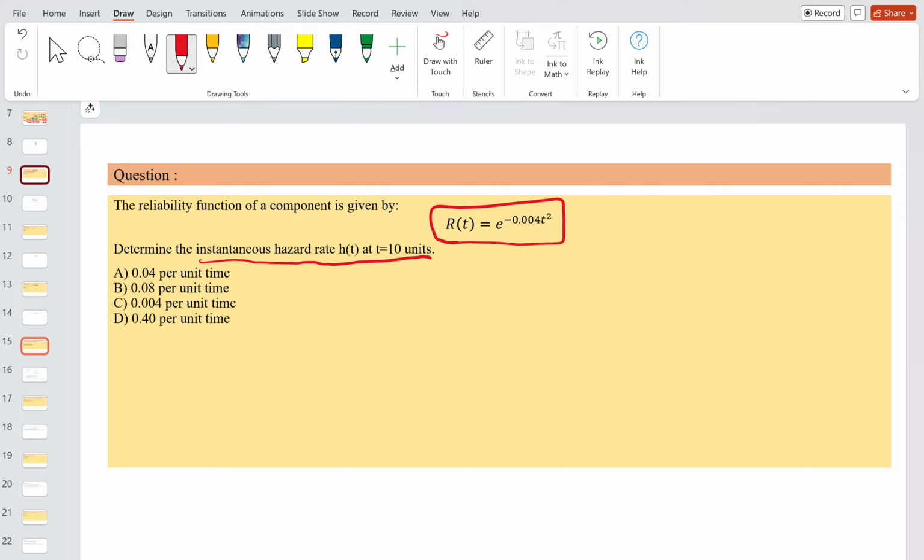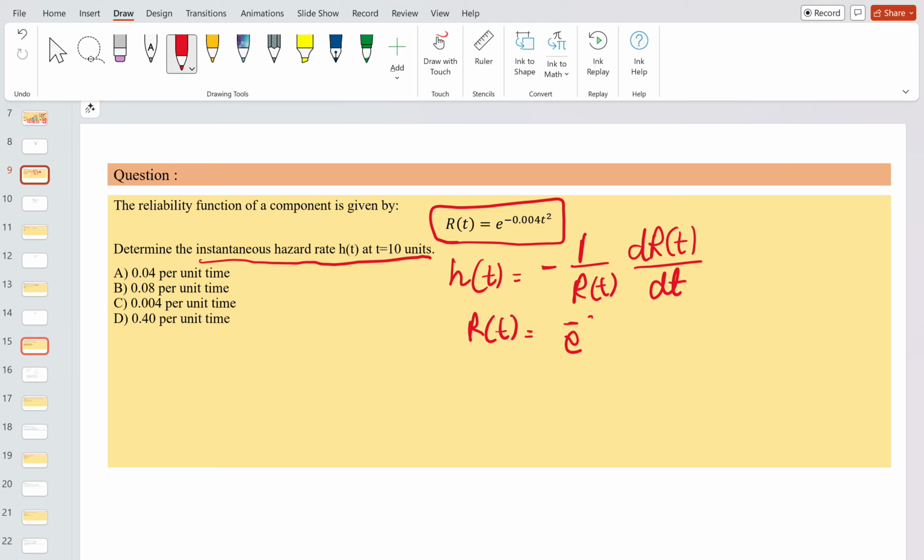Okay, so listen here. What we have seen is the hazard rate equation, H(t) is equal to minus 1 upon R(t) times dR(t) by dt. R(t) is already given: e to the power minus 0.004 t square. Let's try to find out dR(t) by dt.